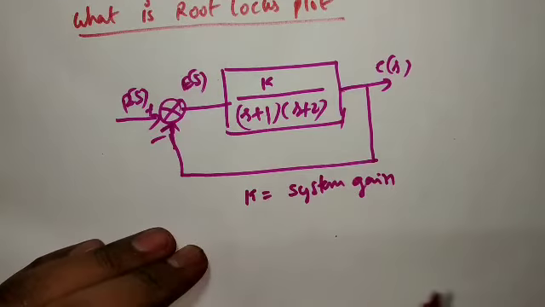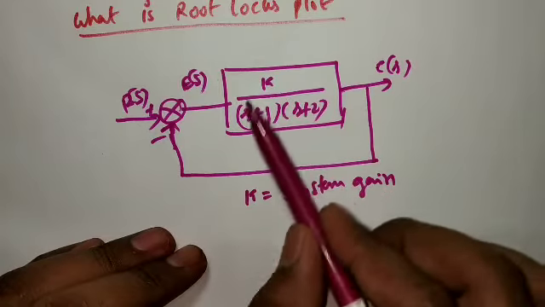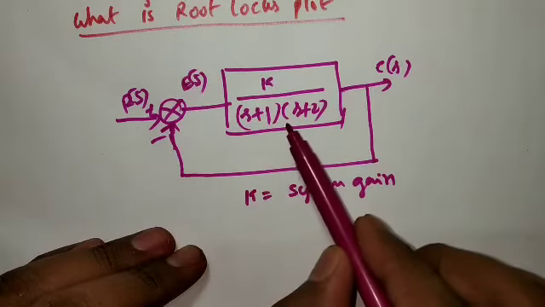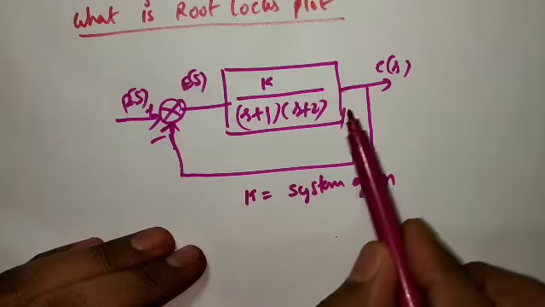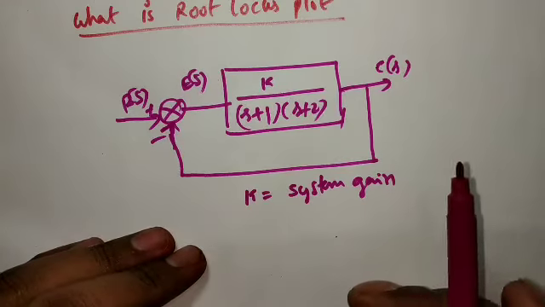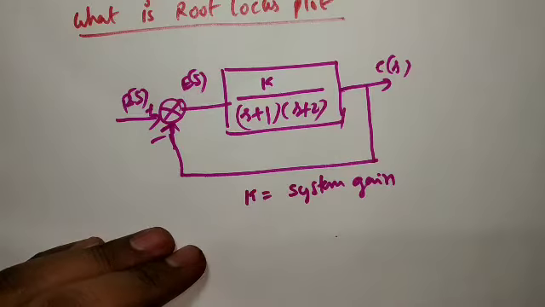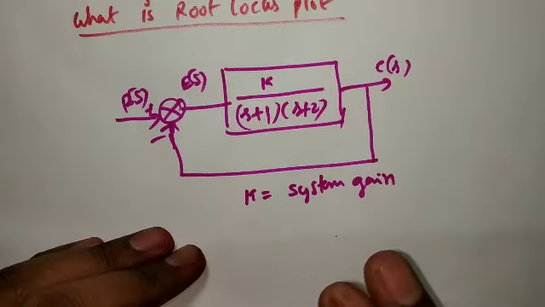Here you see this is an open loop system. K by (s plus 1)(s plus 2) is the open loop system. Now when you connect the unity feedback, it becomes a closed loop system. Here we are interested in studying the stability of the closed loop system.